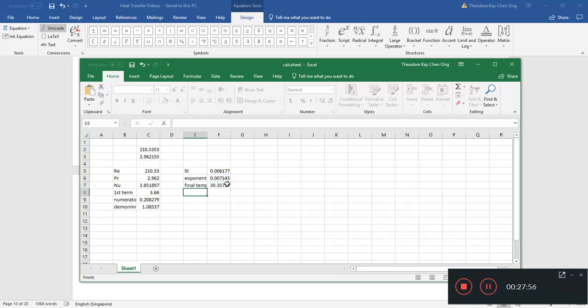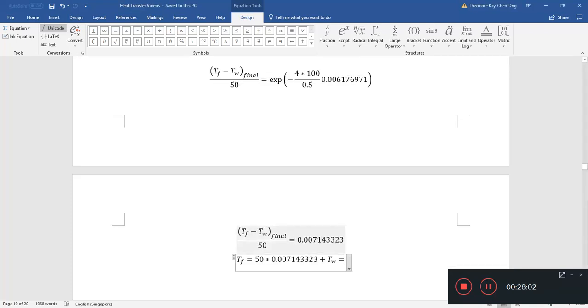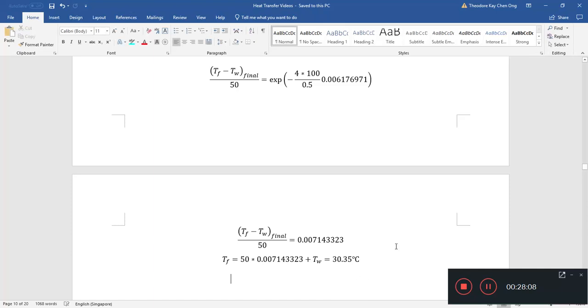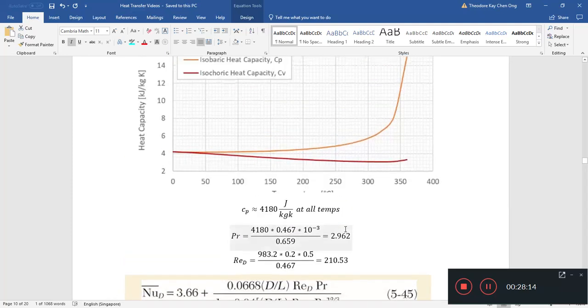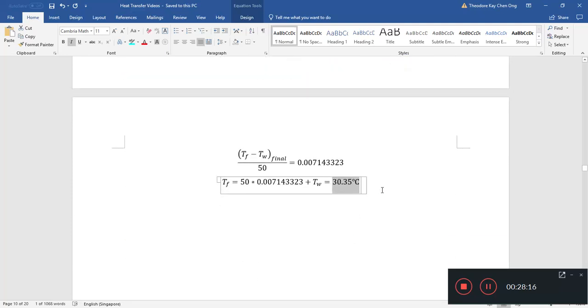So you see the final temperature is very close to 30. Let's say 30.35 degrees C. Since we have a temperature very different from, let's say, 40 degrees C, we will need to re-evaluate. We'll need to iterate again.